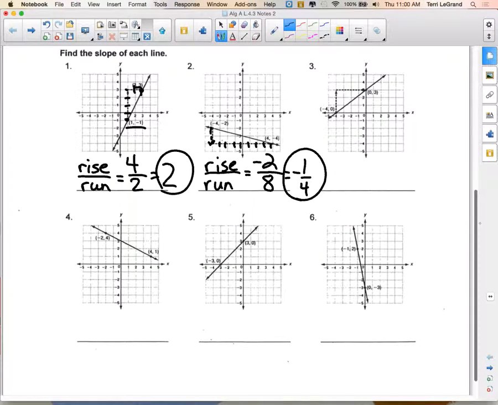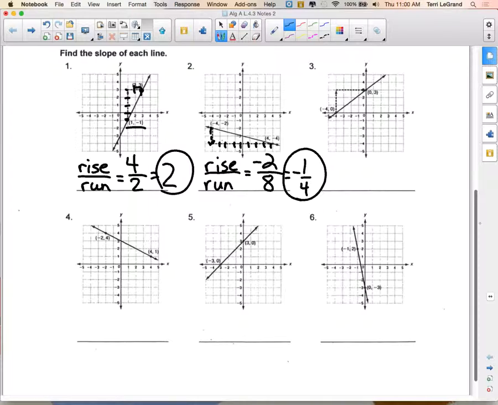Now I want us just to stop for a minute and say, does this match the behavior we talked about in that table in the middle of page 246? If you end up with a positive slope like we did for the first one, what should the line be doing?